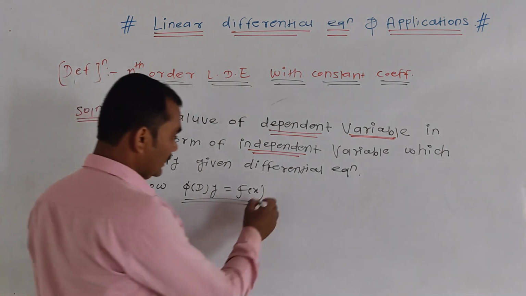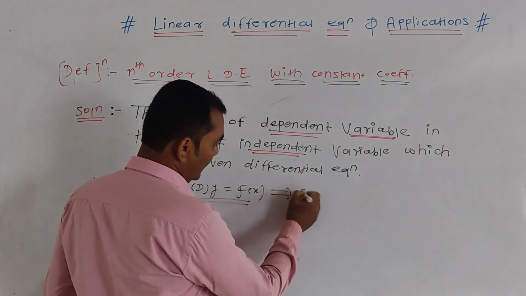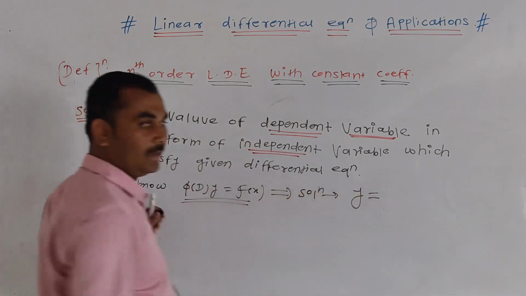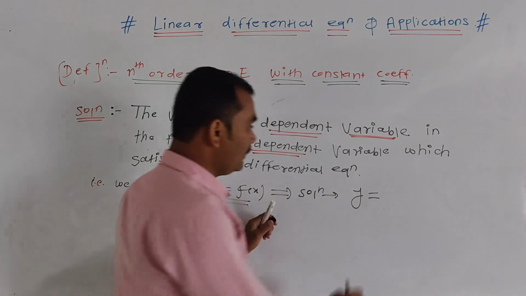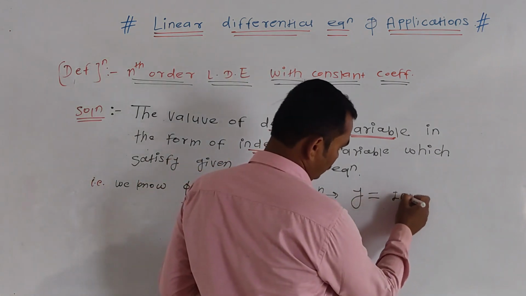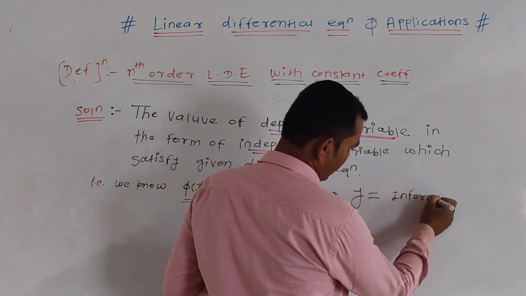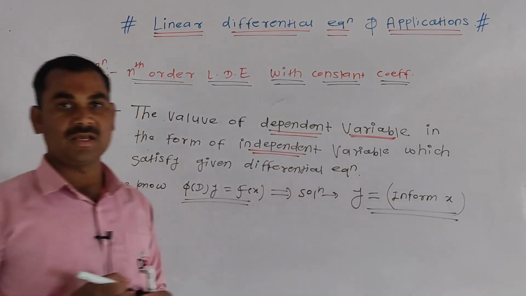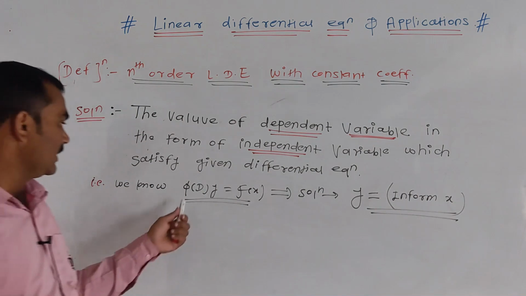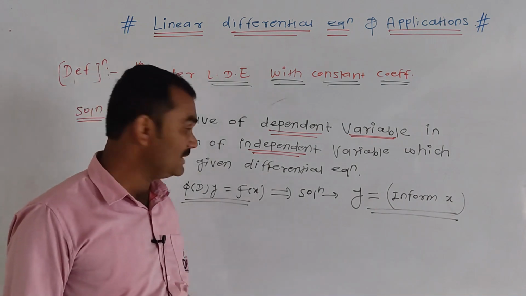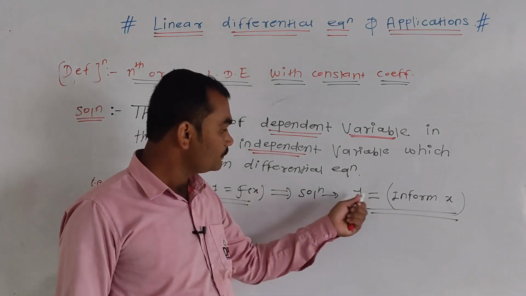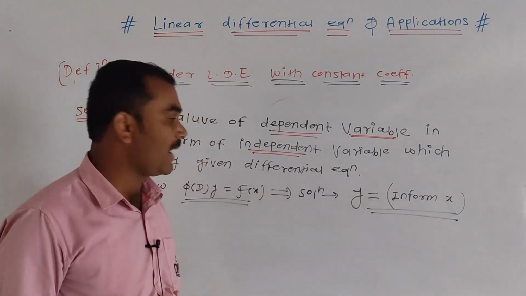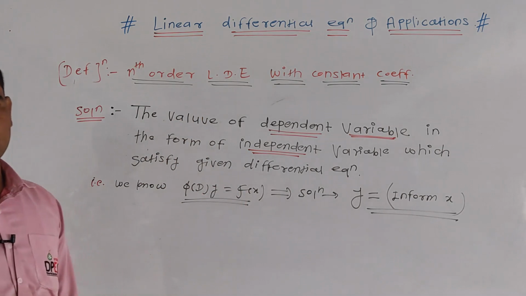Now we have to find in solution the value of y in the form of x, which satisfy given differentiable equation. Okay, suppose this is your equation, phi of d into y is equal to f of x, then solution क्या जाएगा? The value of y in the form of x which satisfy given differentiable equation.